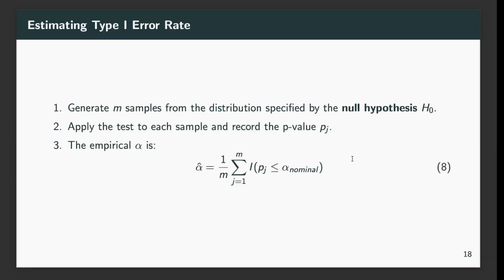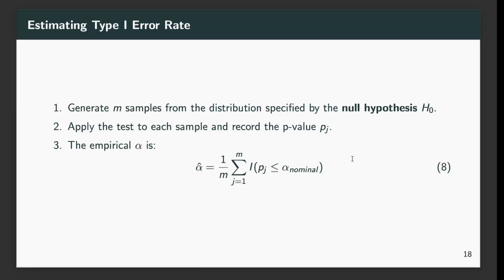Now we're going to talk about the algorithm to estimate the type 1 error rate. This is not too different from the confidence level algorithm. In fact, it is exactly the same. The main steps would be more or less the same for all the estimations that we do today.